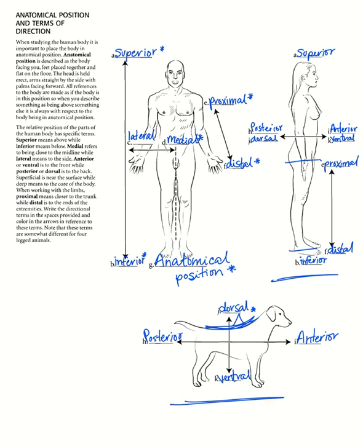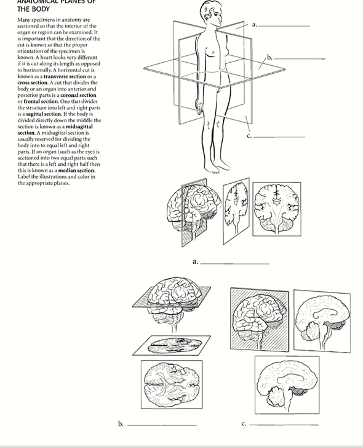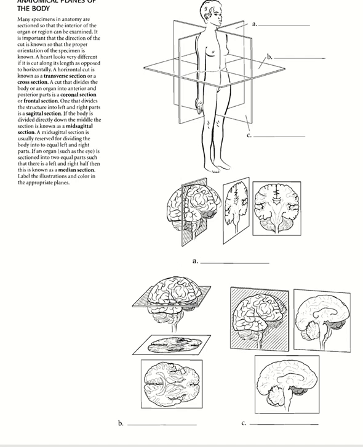Okay? Let's go ahead and move on to our next diagram, which is anatomical planes. All right, so here we've got a few to talk about. The first one, A, is your frontal, also referred to as coronal.